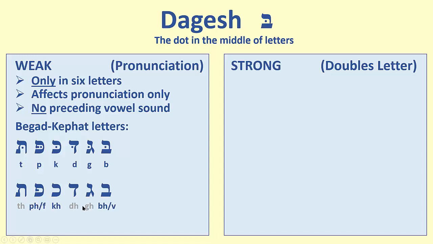Now, historically, these did have a second pronunciation. Gimel, without a Dagesh, would be Gimel. Dalet, without a Dagesh, would be Dalet. And Tav, without a Dagesh, would be Thav. Maybe you've heard of people pronouncing this as Sav.